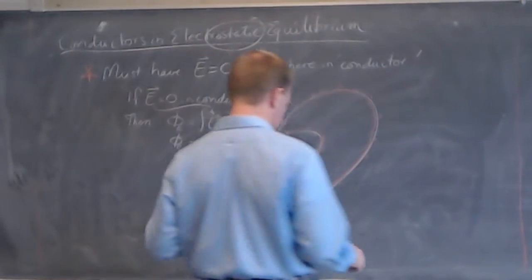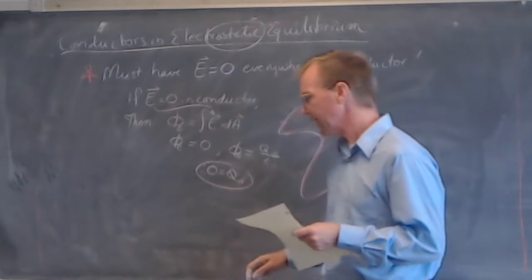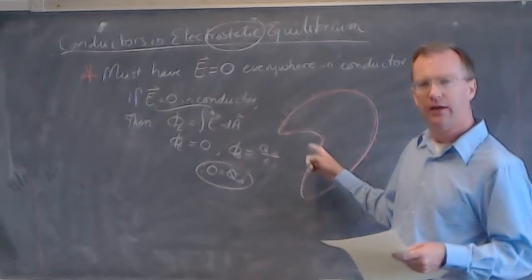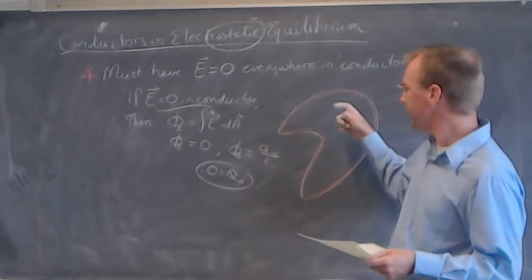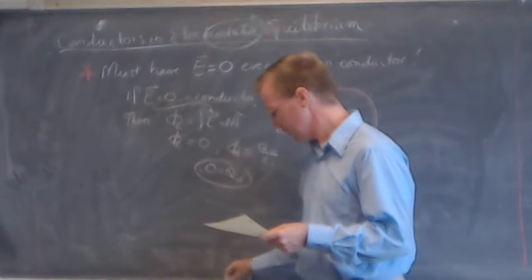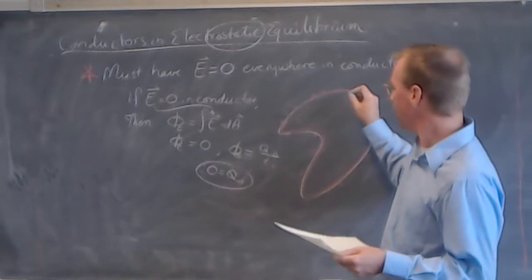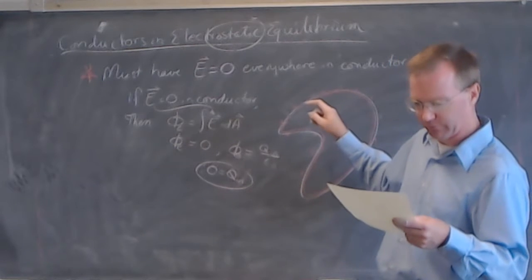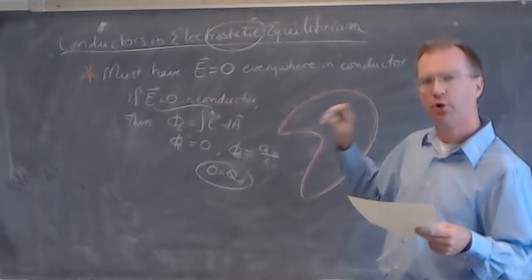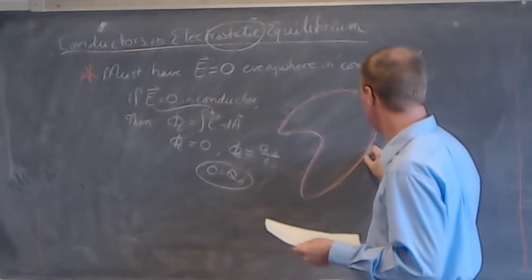Another thing. And by the way, it doesn't have to have a net charge, but if it does, it must be on the exterior surface. Now another thing, all electric field lines, whenever they touch a conducting surface, must be perpendicular to the surface.